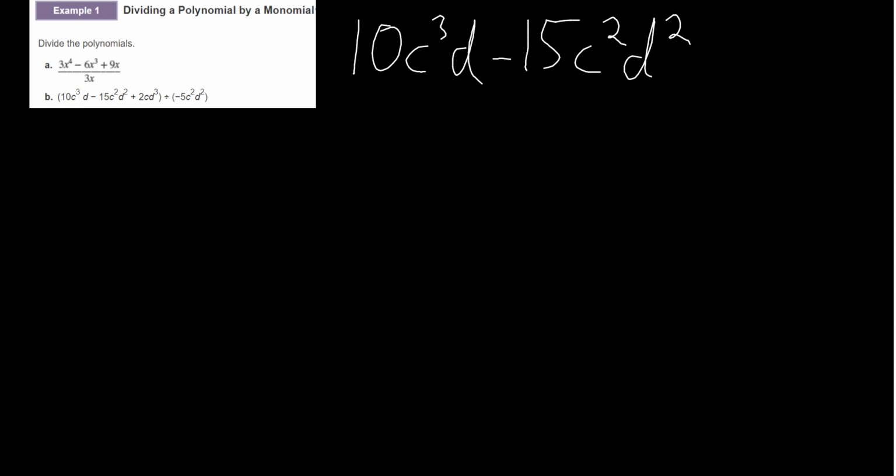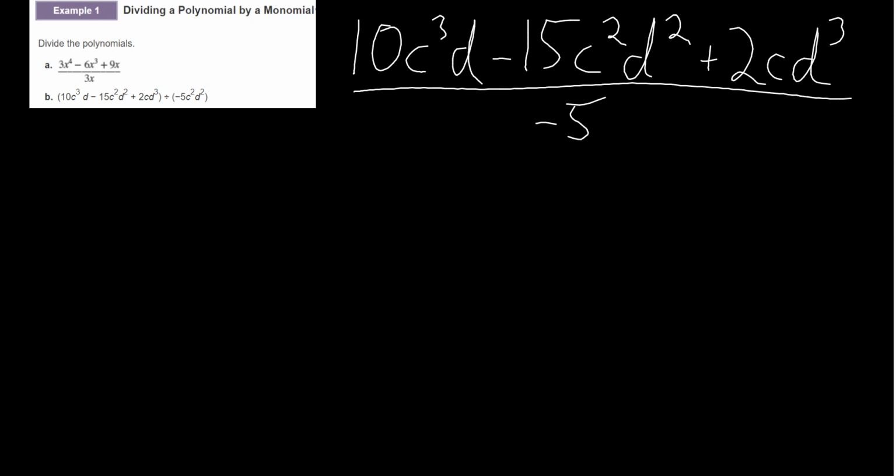Alrighty, so if we were to rewrite this similar to A, because we have this division symbol there, if we were to write this similar to what A looks like, well then it would be 10c cubed d minus 15c squared d squared plus 2cd cubed, and that's all over negative 5c squared d squared.